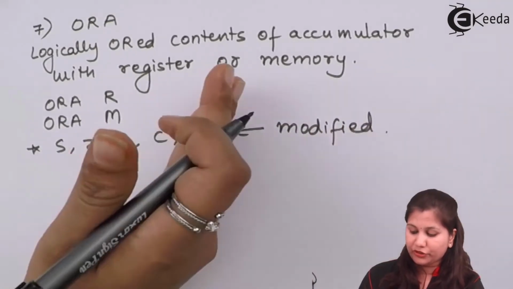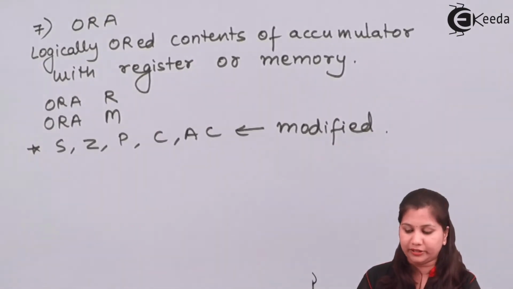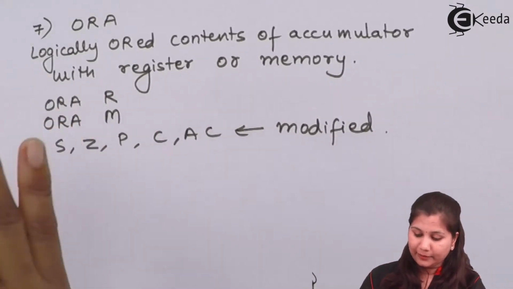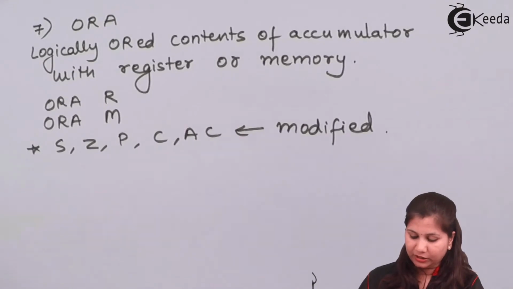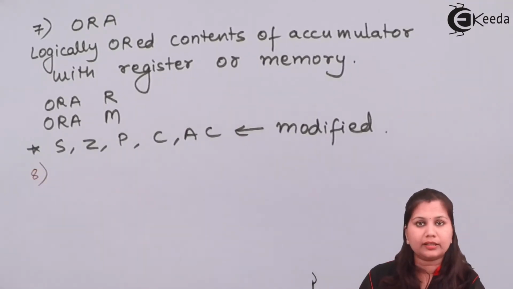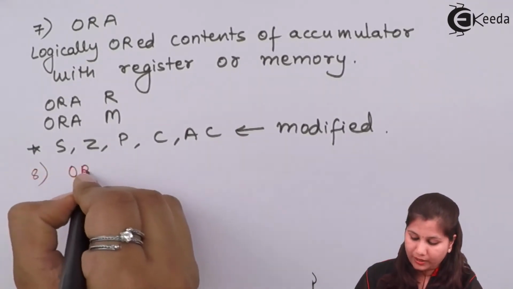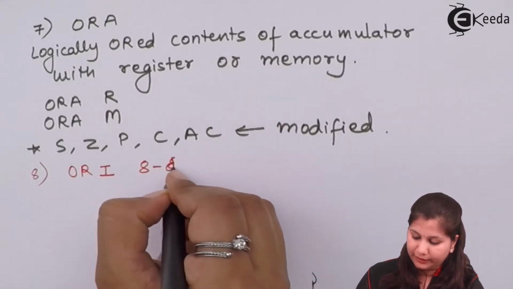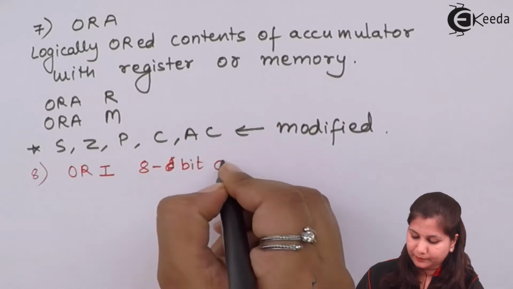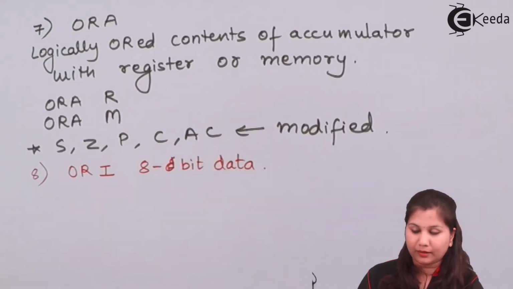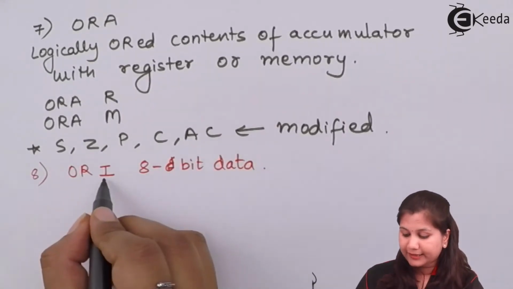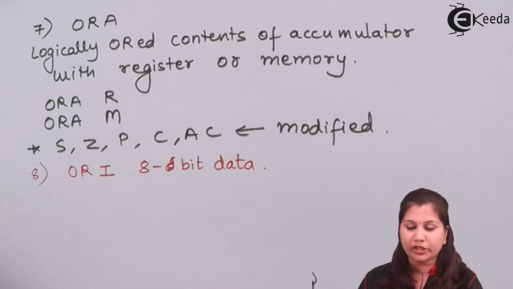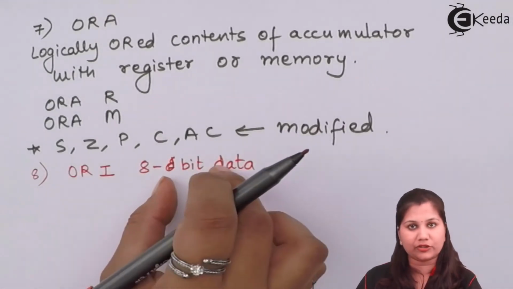Result of this operation is also stored in the accumulator itself, and similar to this we are having the other instruction, which is ORI, and here we will have an 8-bit data. Because I is there, it will be for an immediate data which is given in the instruction itself.